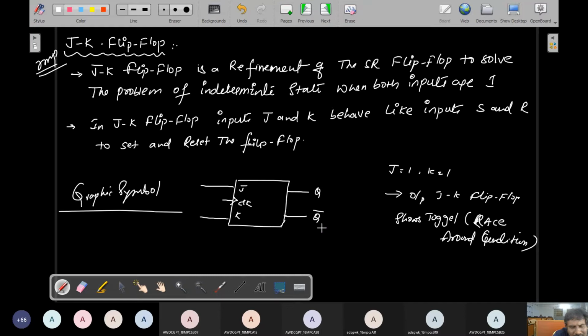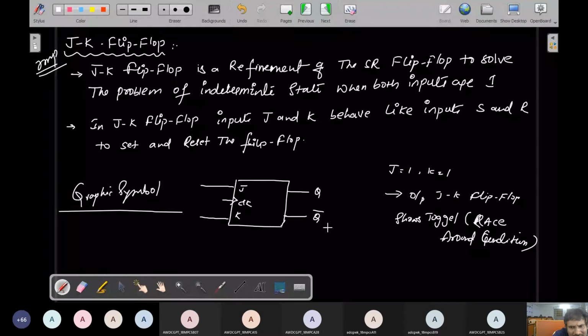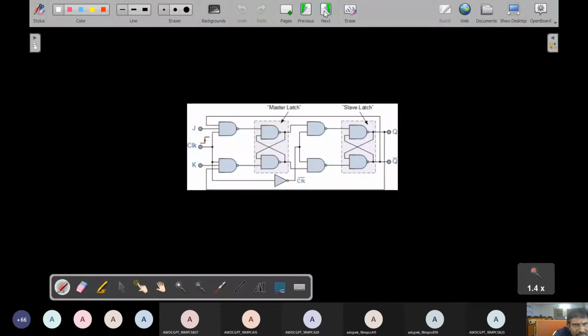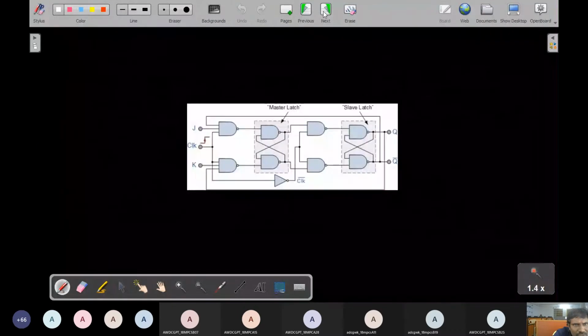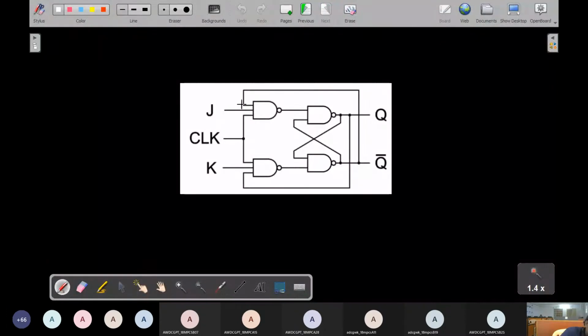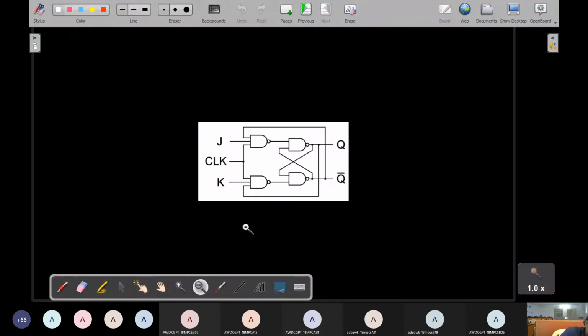So why this race around condition exists and how to eliminate it, we will explain in this video. Okay, right. The next concept is the block diagram of the JK flip flop.